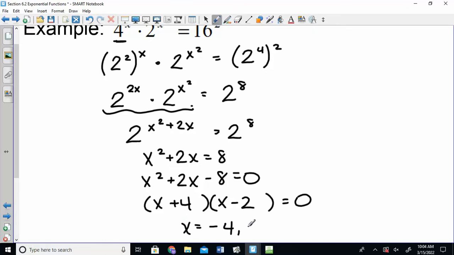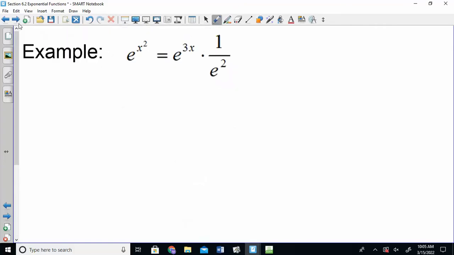So x equals -4 and +2. How are we doing with this? Easy. Good.